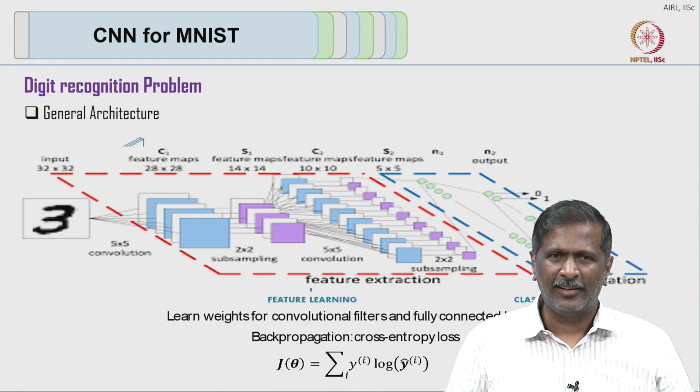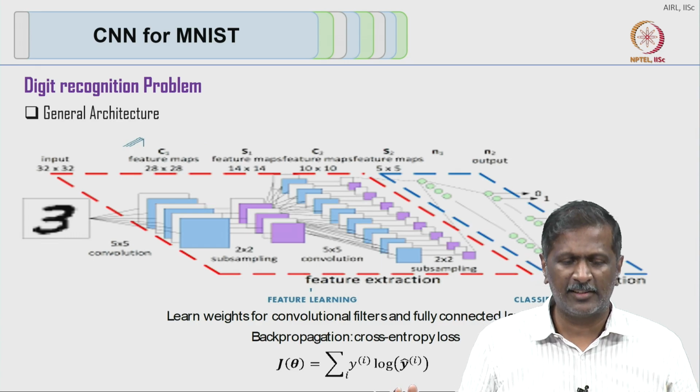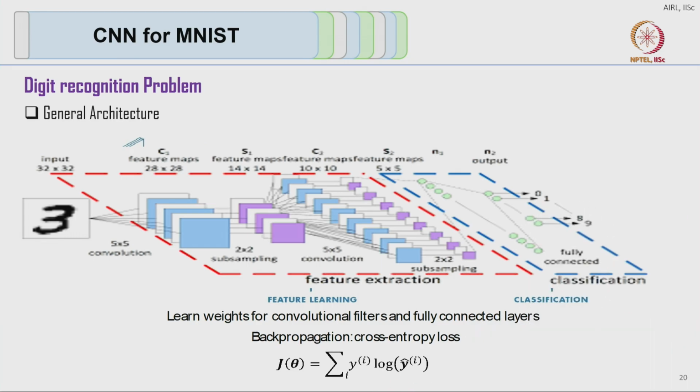Now, if I had to do the digit recognition in a generic architecture, there is an input image, right? I have mentioned it as 32 cross 32. I think it should be 28 cross 28. I'm going to extract the feature map.